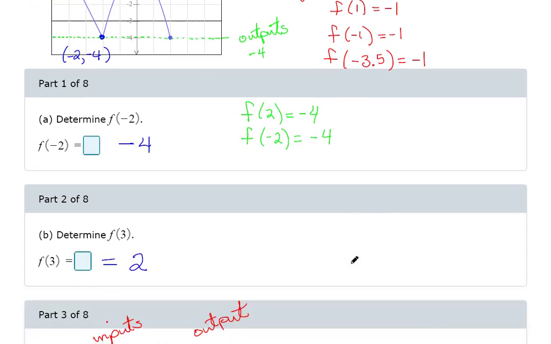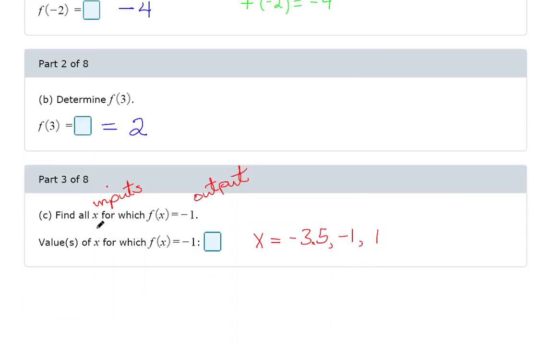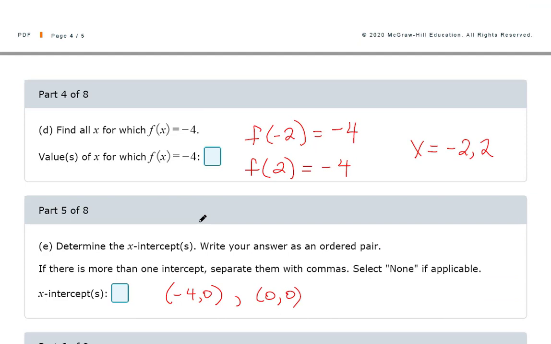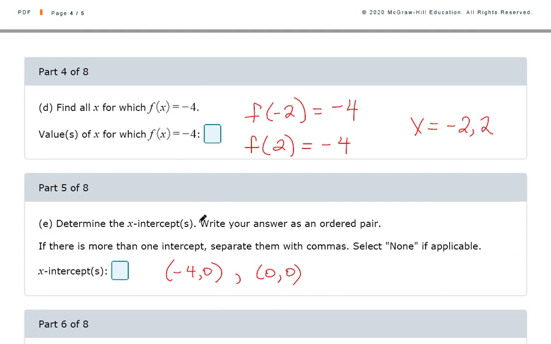All right, so let's come back here. So this was the one, all the inputs that gave me an output of -1. In part 4, again, we're looking for all of the inputs, all of the x's, which make an output of -4. And we saw there were 2 numbers that did that.